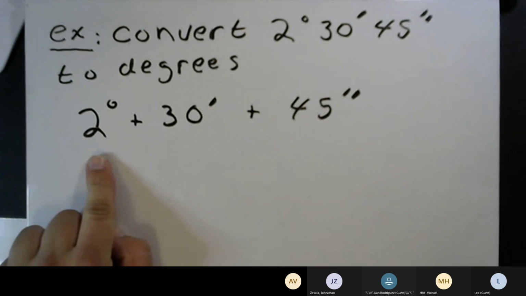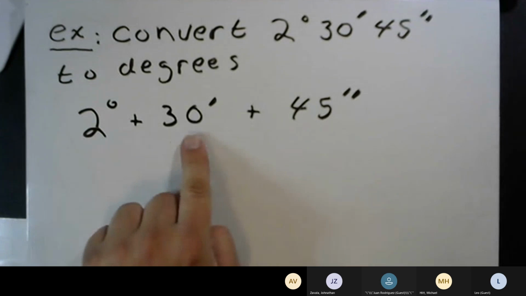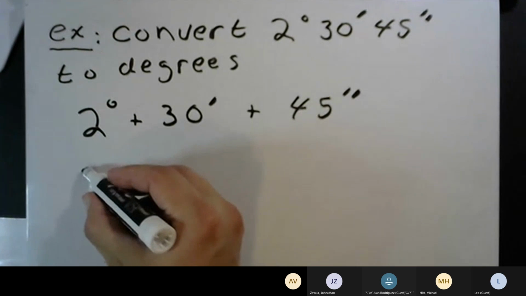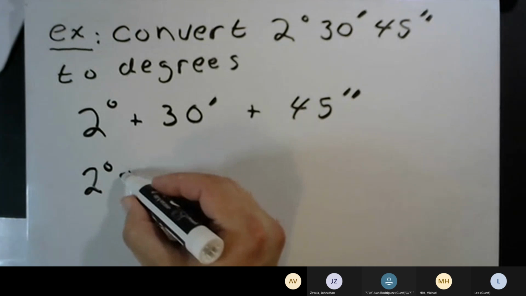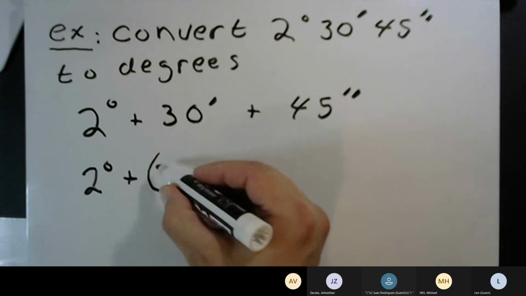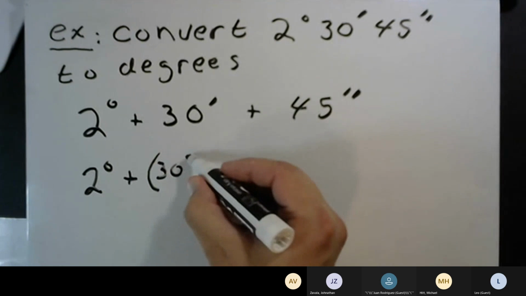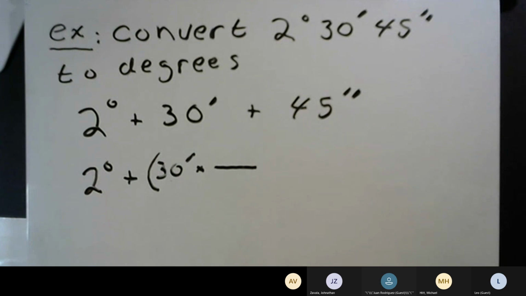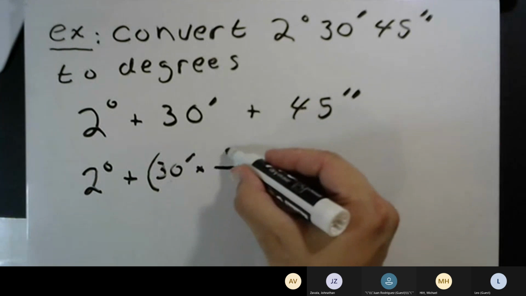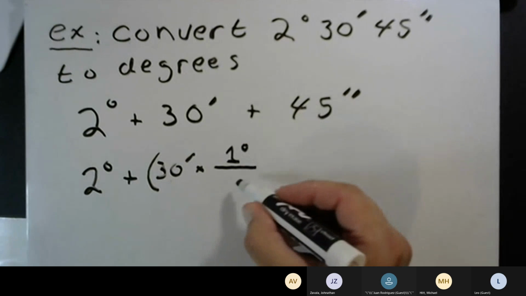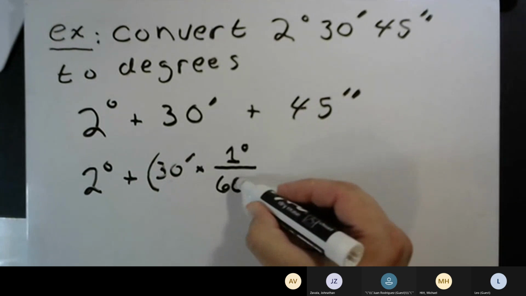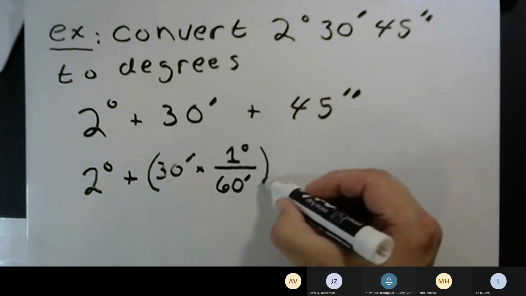Now, this is already in degrees, so we don't have to change anything, but we do need to convert this, and we do need to convert that. So this will become 30 minutes. We want to convert minutes to degrees. So that means the degree will go on top because minutes is on top, and we need minutes on the bottom.